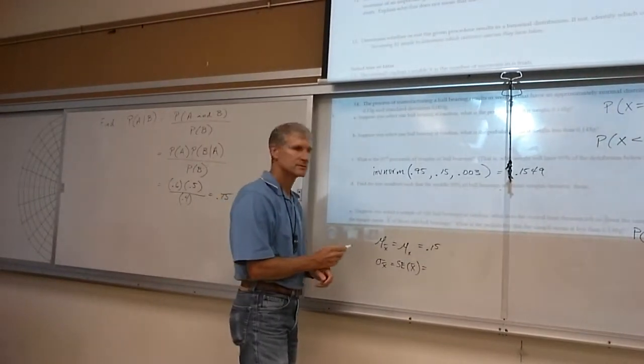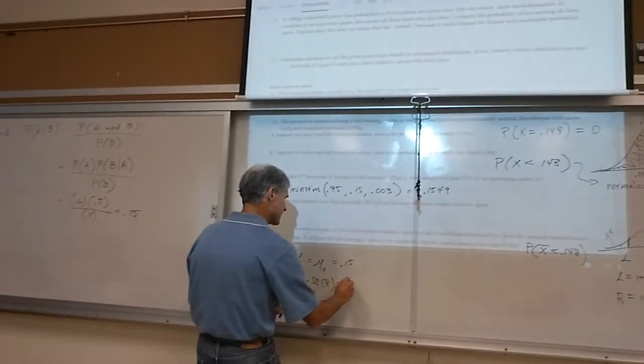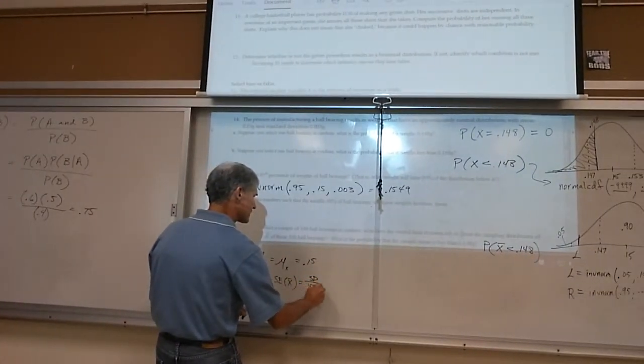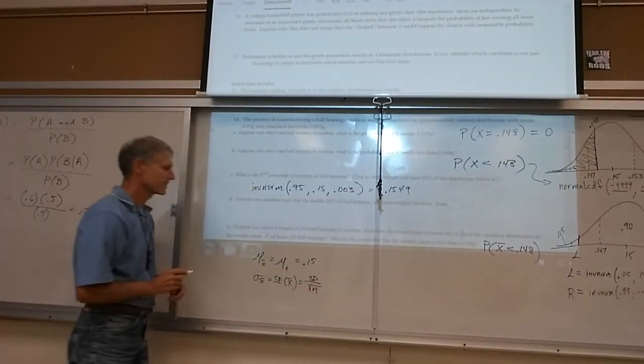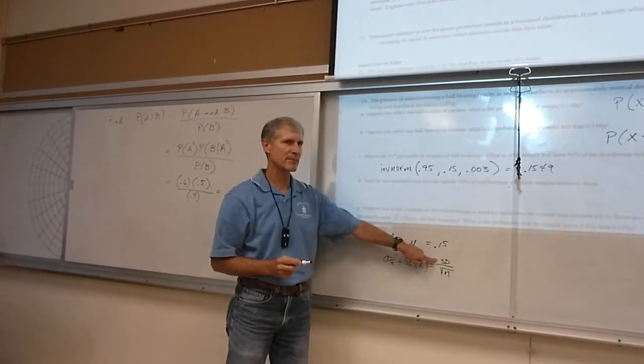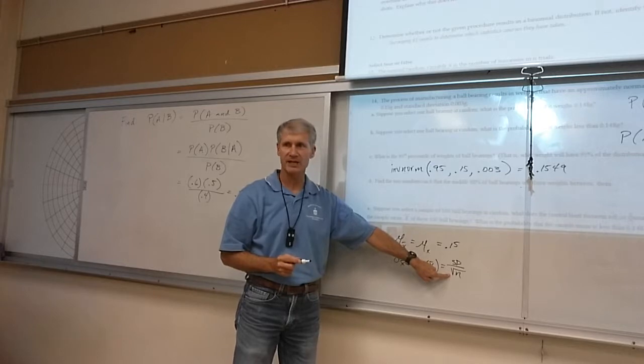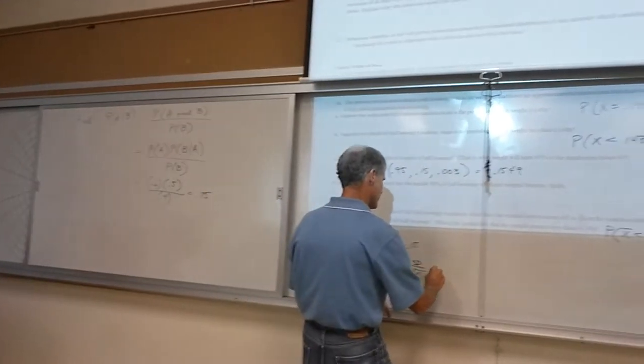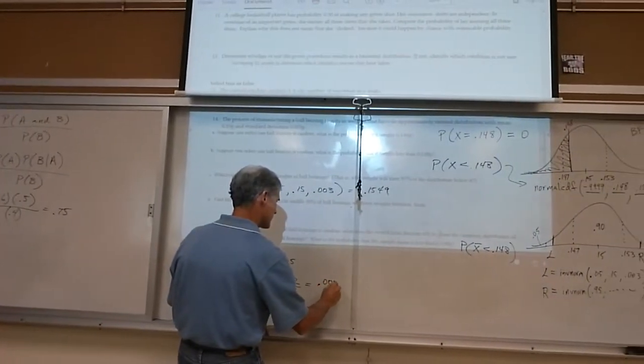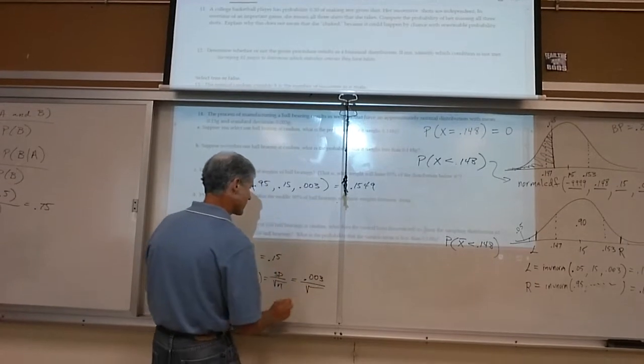Standard deviation of the population divided by the square root of the sample size. Good. So it's the standard deviation of the population distribution divided by the square root of the sample size, which is 0.003 over the square root of 100.